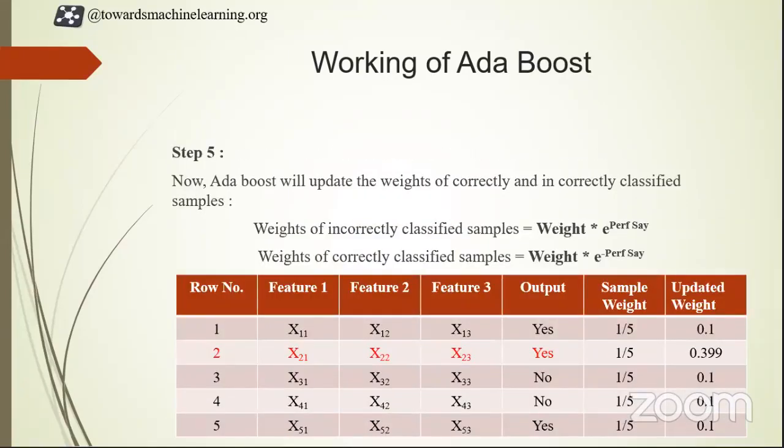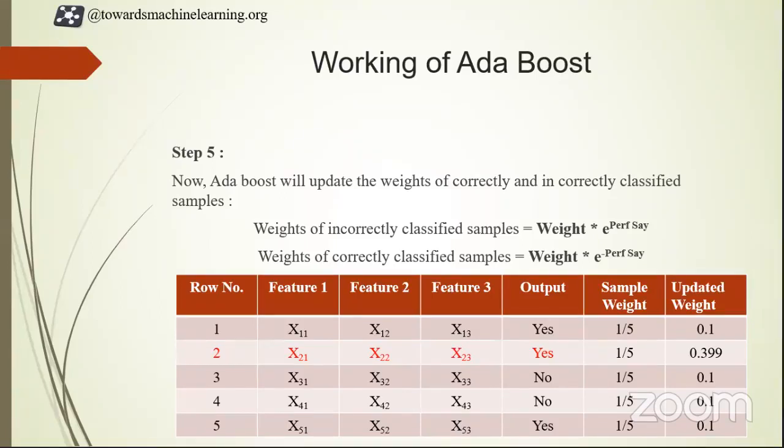We will be using this performance say to update the weights of the incorrectly classified samples and the correctly classified samples. For incorrectly classified samples, we multiply weight times e to the power of performance say, and for correctly classified samples, we do weight times e to the power of minus performance say.